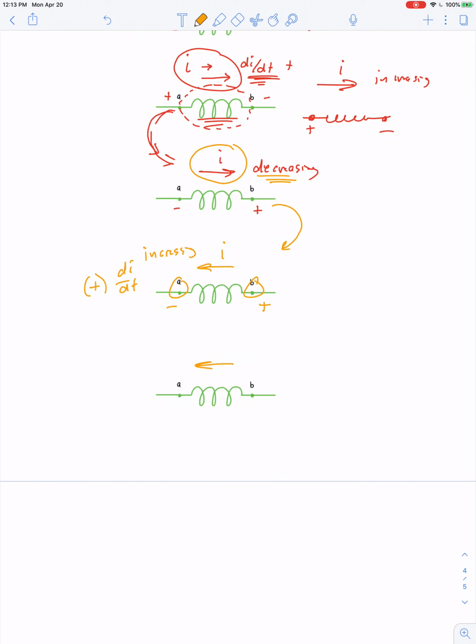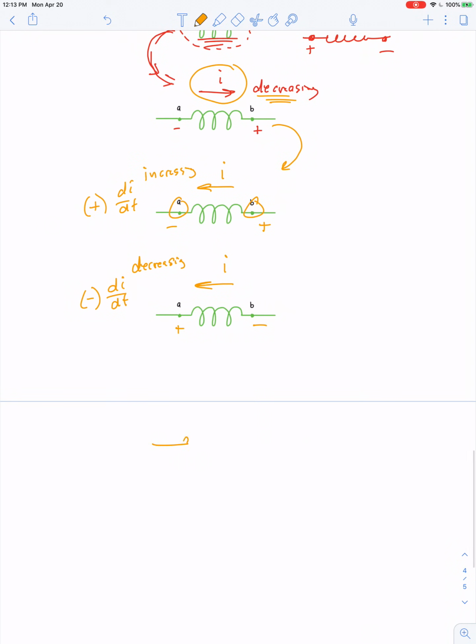If current flows to the left and is decreasing in value, in other words, if di/dt is negative, then point B is low potential and point A is high potential. What if we have an inductor with current flowing to the left and it's constant current? Then what would you say about the potential? Right, we'd say there's no potential difference between points A and B.